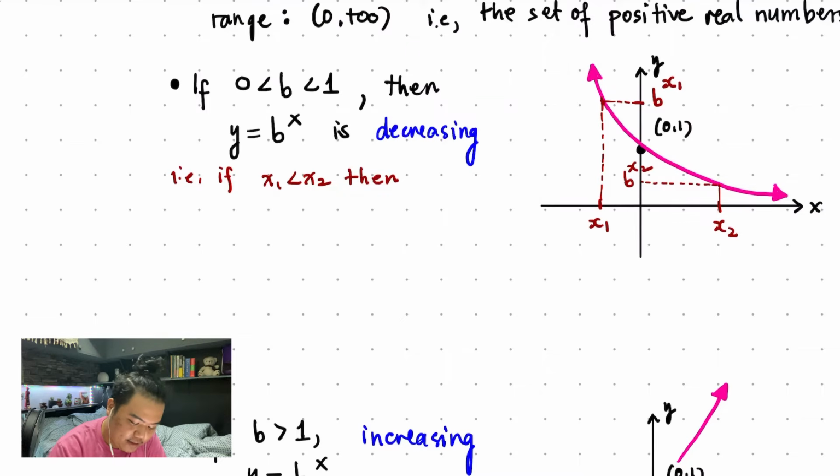And as you can see, mas malaki si b raised to x1 kaysa kay b raised to x2. So then, b raised to x1 is greater than b raised to x2. So, yun yung ibig sabihin ng y equal to b raised to x is decreasing. So, if you get two numbers, x1 less than x2, pag kinuha mo yung images ng x1 and x2, mag-flip yung sign.